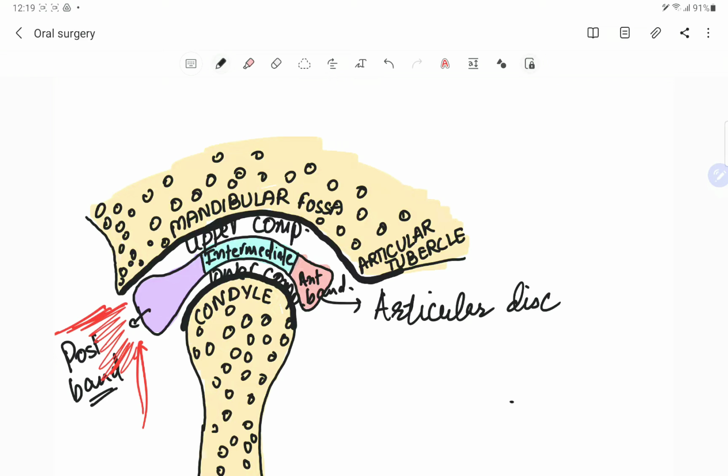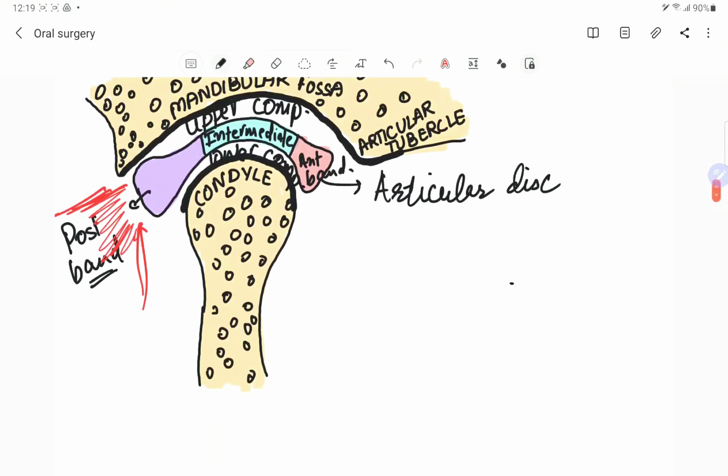So once a person opens the mouth, say up to 20 millimeters, there is a rotatory movement which happens. So the first 20 millimeters of mouth opening is involved with the rotation of the condyle, and beyond 20 millimeters up to 40 or 50 millimeters of mouth opening, somewhere around 3 to 4 fingers inside the mouth, is the translatory action.